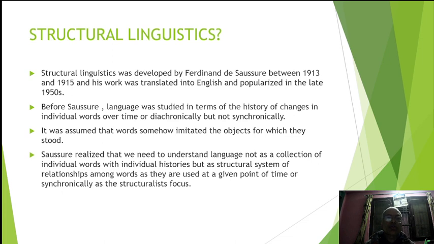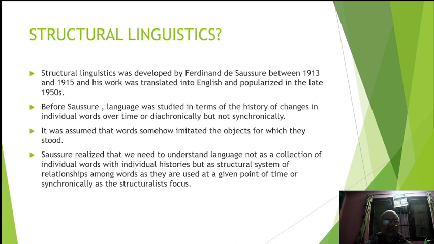Before Saussure, language was studied in terms of the history of changes in individual words over time. It was the historical study of words, how they change and how they originated. That was the process of studying languages before Saussure developed structural linguistics, right?